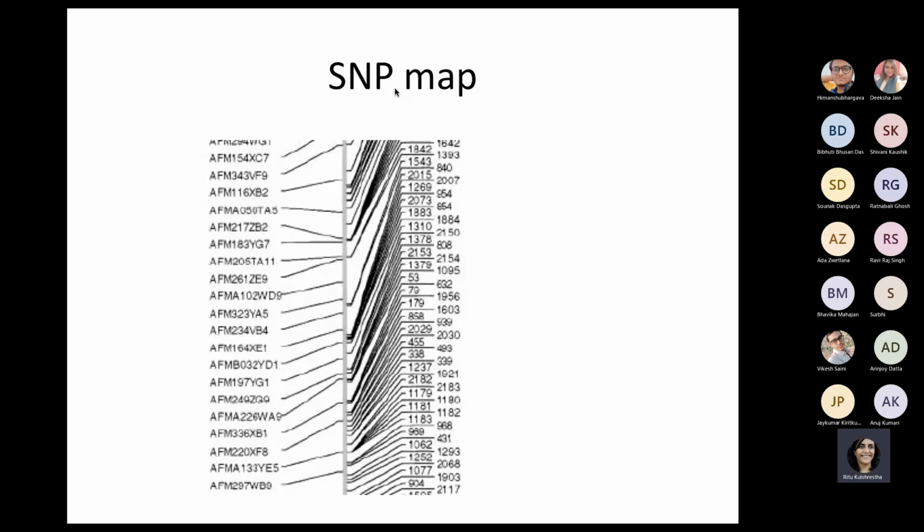Some of the population has A at that particular position and some of the population has T at that location.